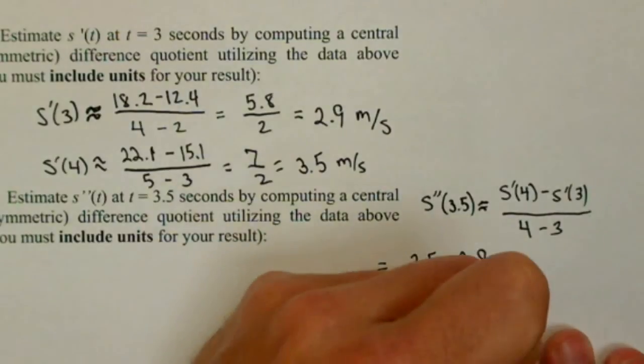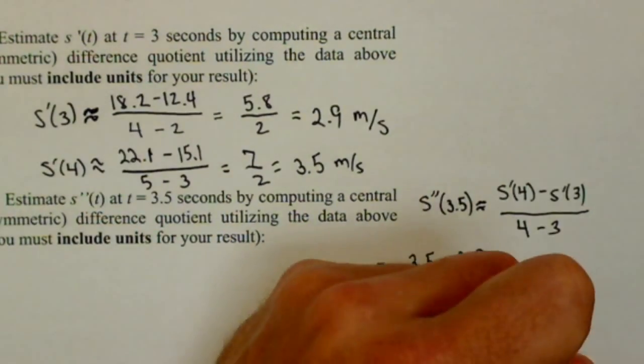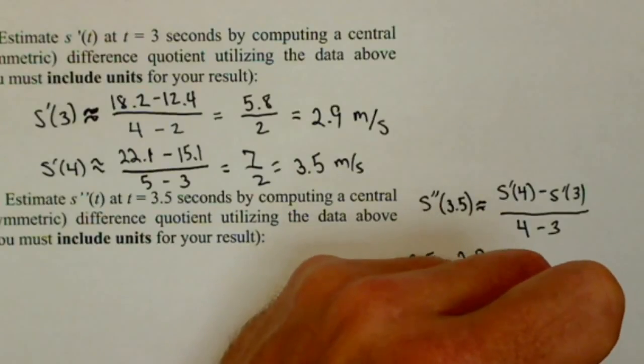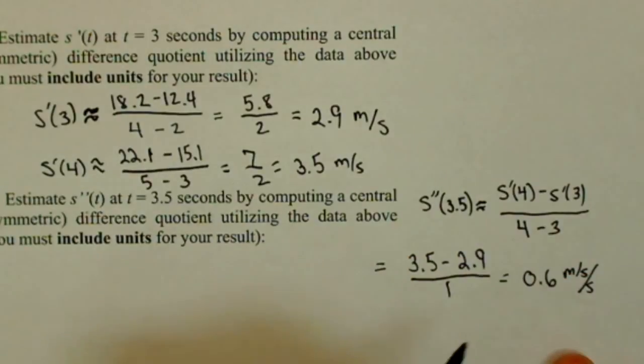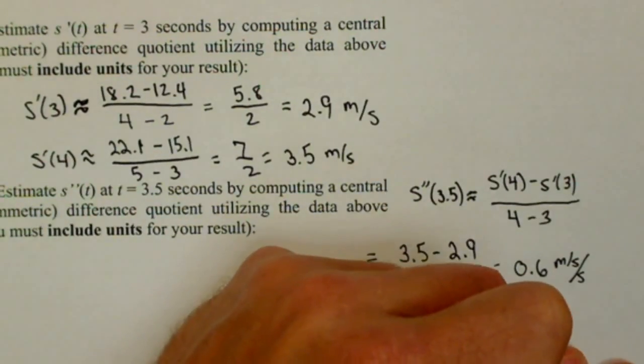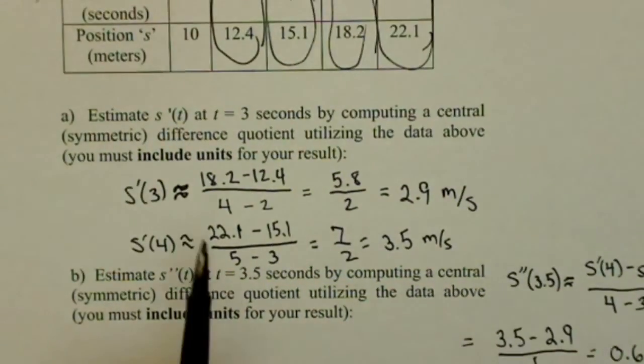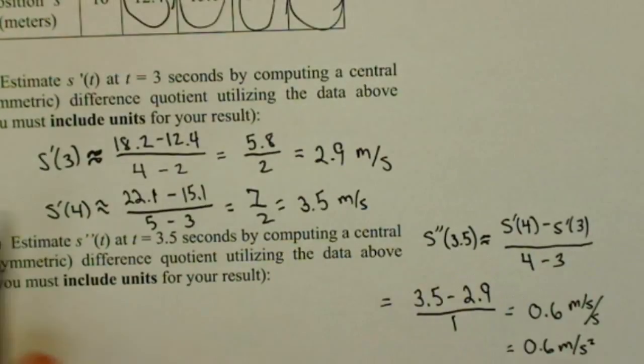So that's going to give us 0.6. And the units on this are meters per second per second, or if we wanted to consolidate that, 0.6 meters per second squared, so it's an acceleration. So that's how we use a central difference quotient to find a first derivative and then a second derivative.